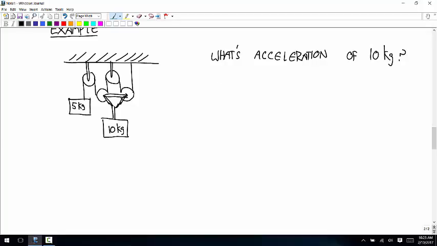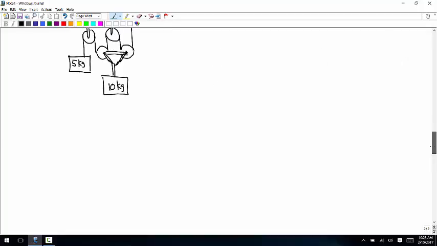Okay, well, a free body diagram. I'll start with the 5 kilogram mass. We have 49.05 down and an unknown tension T up.